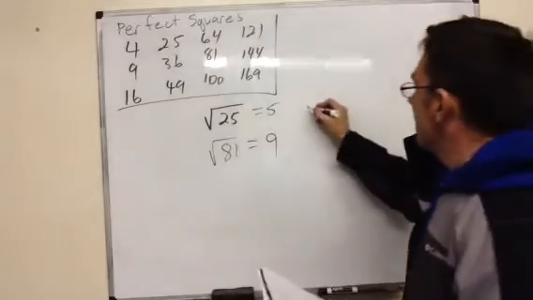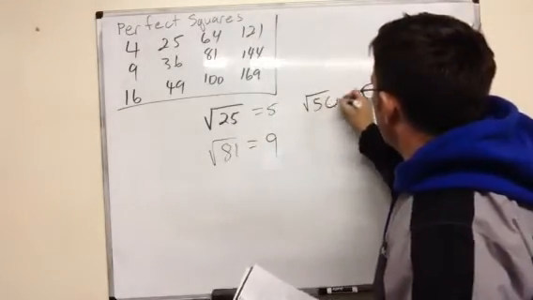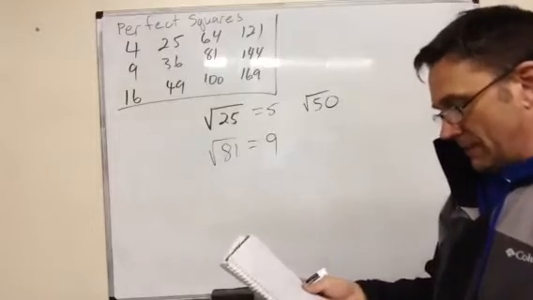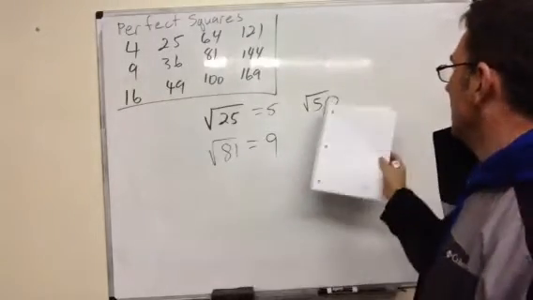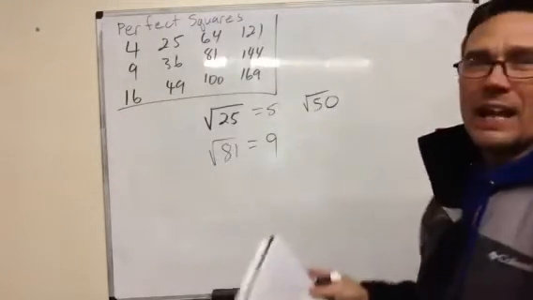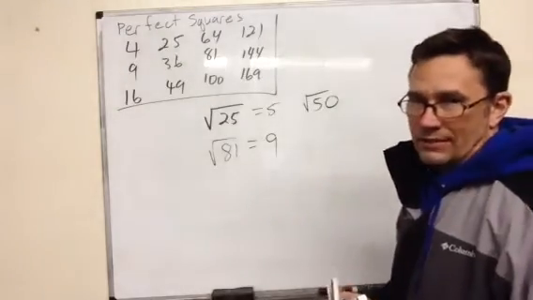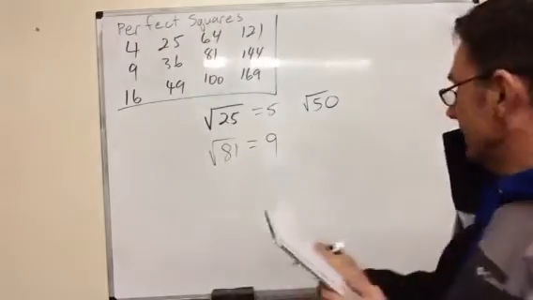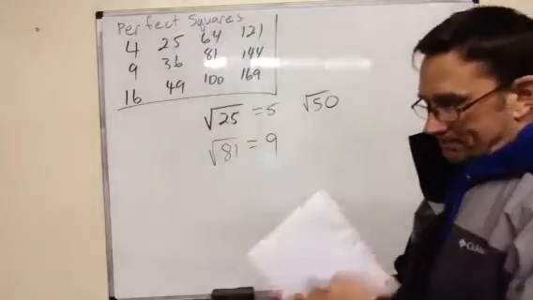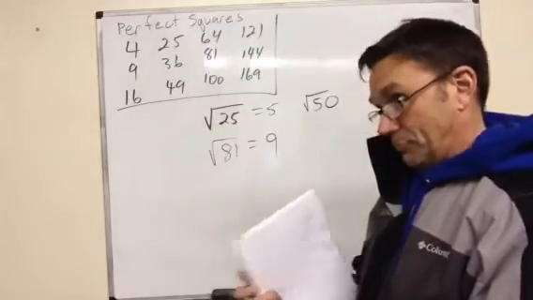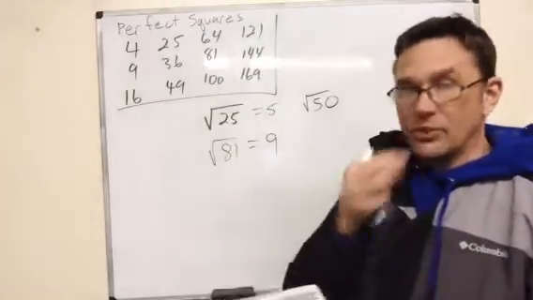But what happens if we have the square root of 50? Now, if we put that in the calculator, you're going to get some long decimal that goes on forever. This is what we call an irrational number, because it goes on forever.